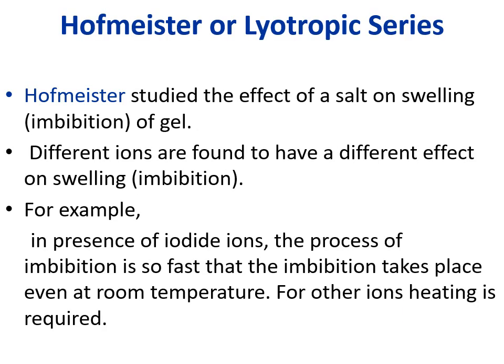Hofmeister was a scientist who arranged all the cations and anions on the basis of the effect of salt on the swelling or imbibition of gel, because different ions are found to have different effects on swelling. For example, in presence of iodide ions, the process of imbibition is very fast, so much so that even at room temperature, imbibition takes place, while for the other ions, heating is required.